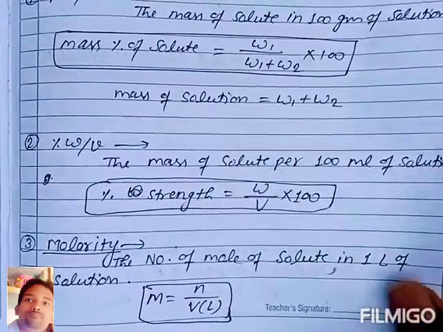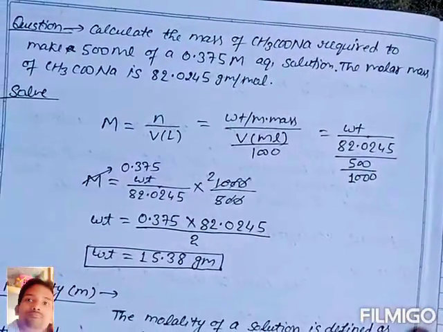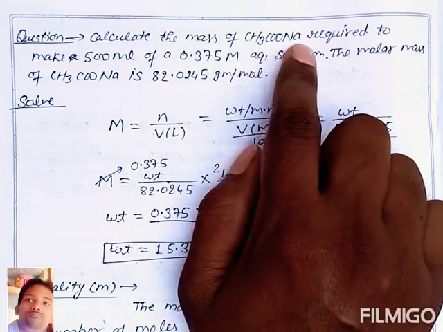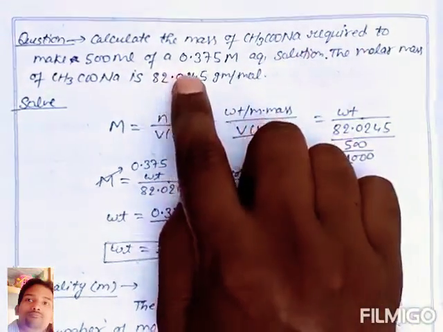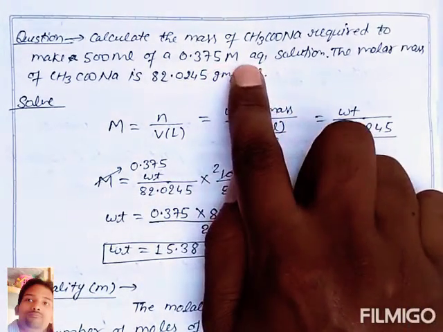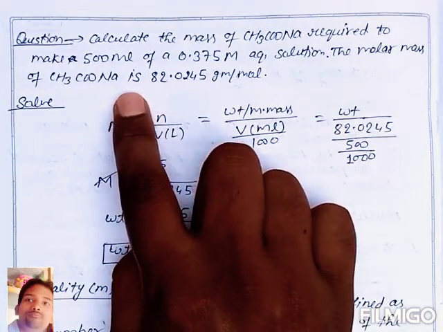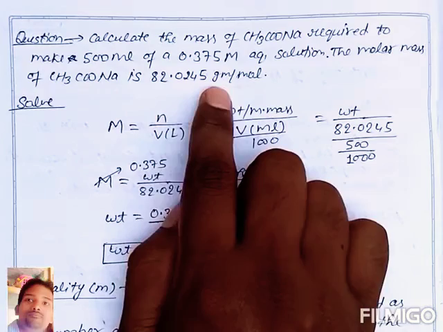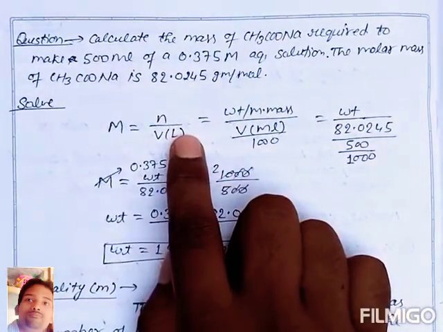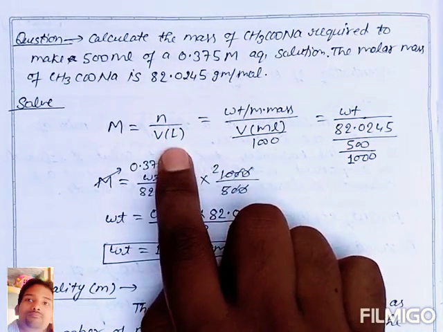Now the question: calculate the mass of CH3COONa, sodium acetate, required to make 500 ml of a 0.375 molar aqueous solution. The molar mass of CH3COONa is 82.0245 gram per mole. Capital M is equal to moles divided by volume.